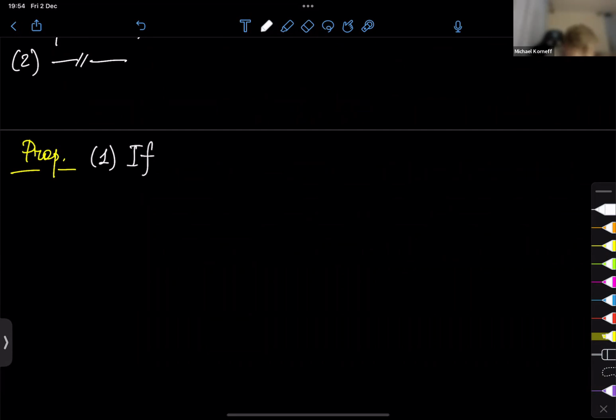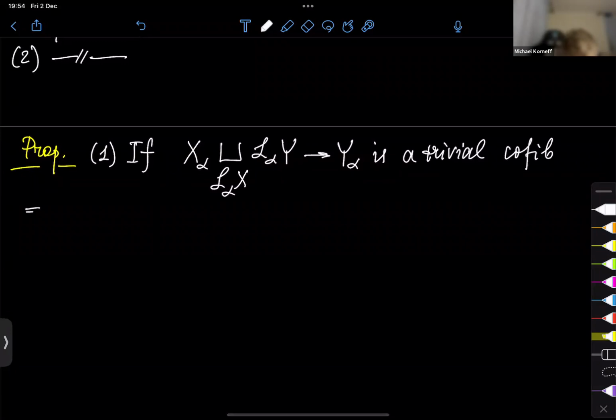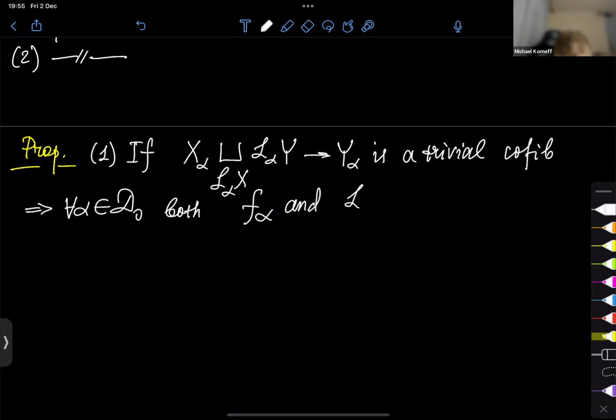If the relative latching map is a trivial cofibration, then for any alpha, both the map F alpha and the map between latching objects are trivial cofibrations.